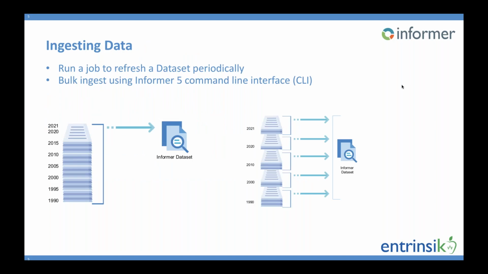So I mentioned before, it can be difficult to get all this data into an Informer data set in the first place. So for the partner I mentioned, we were looking at how we were going to ingest years worth of data, and we're talking tens of millions of rows, into an Informer index in a way that won't take a week to do.